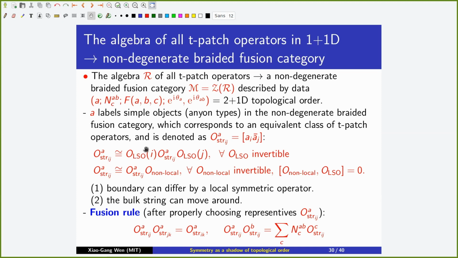Well, that's a way: we define transparent patch operators, define their equivalence relation, and then the equivalence classes would correspond to the anyons in the bulk. Yeah. So now you already start to see there's something hopeful. Maybe these transparent patch operators can indeed give rise to some topological order or some set of anyons in the bulk. And that is indeed the case.